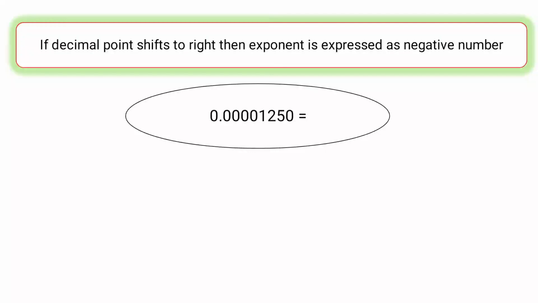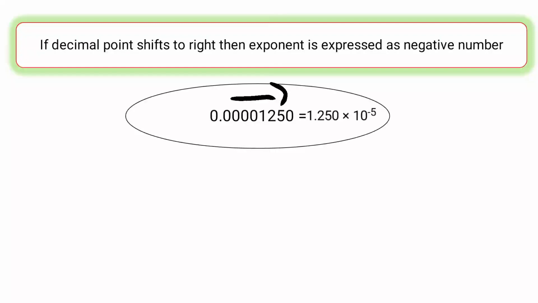That is, we are moving the decimal point 5 places towards the right. Hence, we can say that the exponent is minus 5 and the coefficient is 1.250.